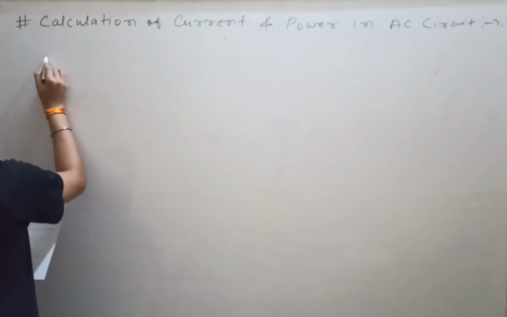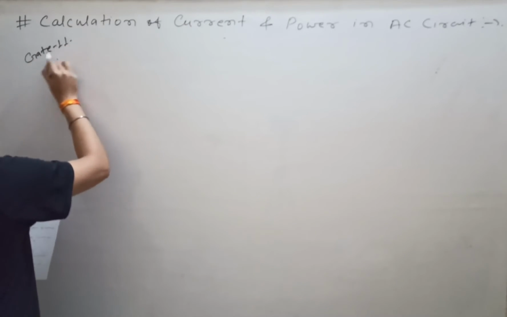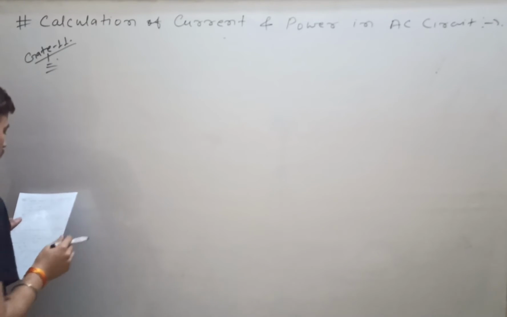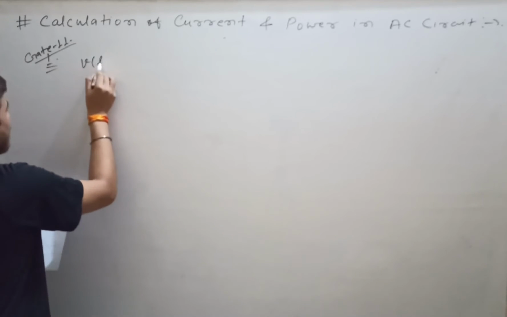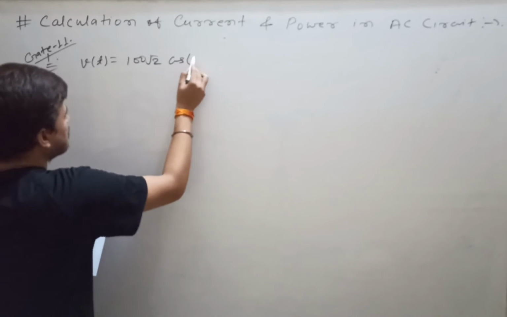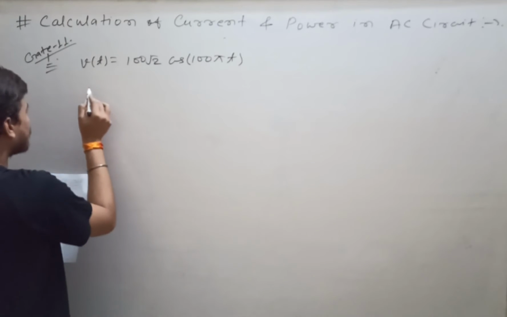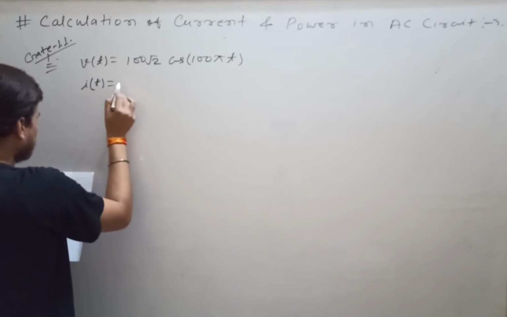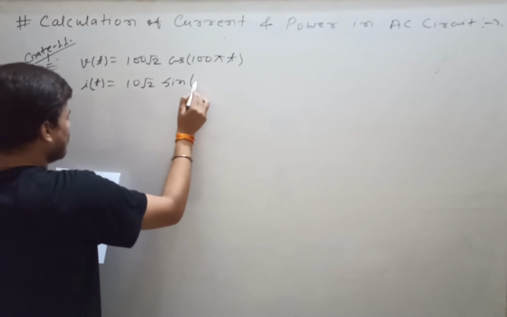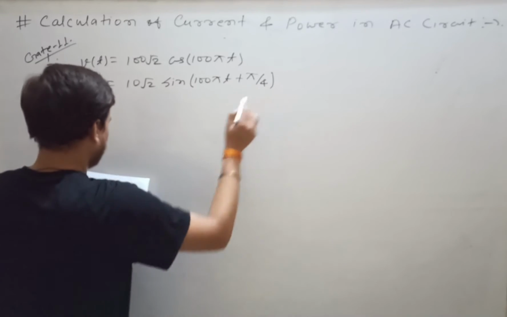First question asked in GATE 2011 electrical engineering. Given that the voltage applied to the circuit is 100 root 2 cos 100 pi t, and the current drawn in the circuit through this source is 10 root 2 sin(100 pi t plus pi by 4) ampere.